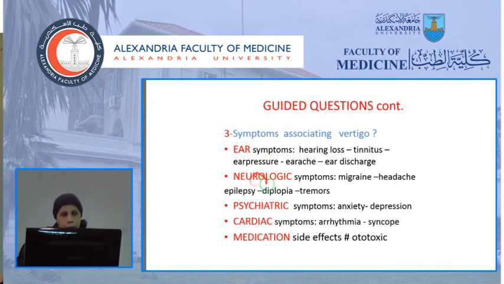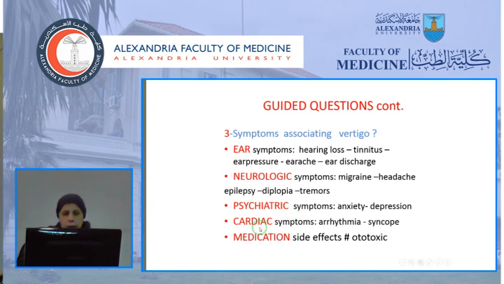However, if the patient experiences other neurological symptoms such as migraine or headache or epilepsy or diplopia or tremors, then we have to think that the symptom may originate from a neurological substrate. Now, if there are psychiatric symptoms like anxiety and depression, dizziness or vertigo may usually be associated in these patients, and we have to take into consideration that there may be a psychiatric problem.